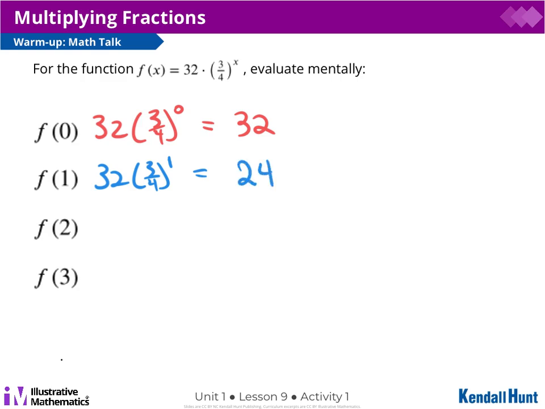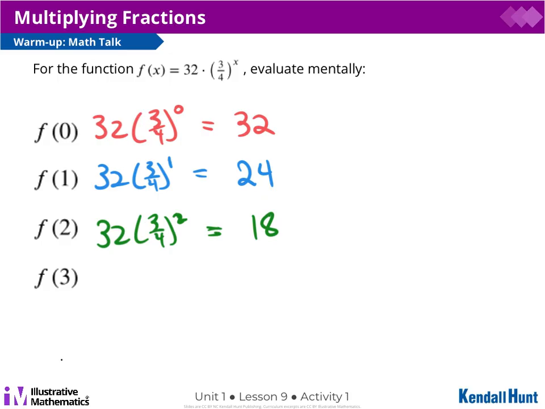The second one is 32 times 3/4 squared. 3/4 squared is 9/16. And that gives us 18.